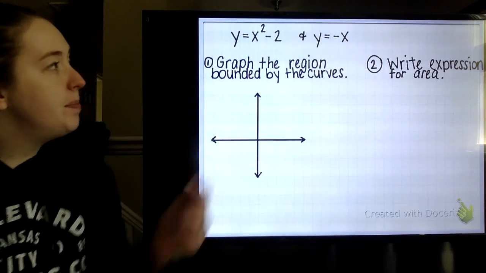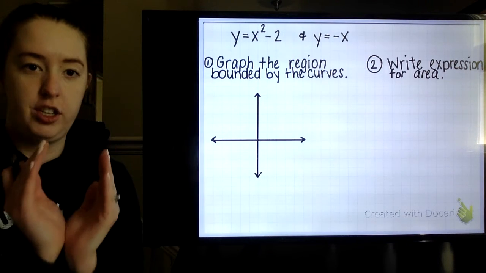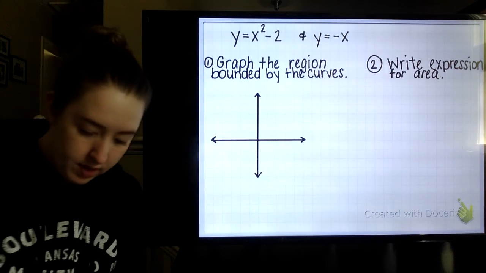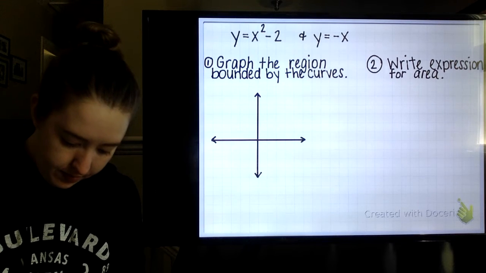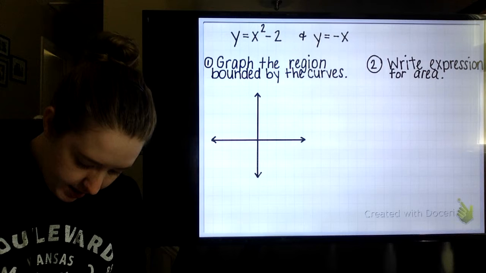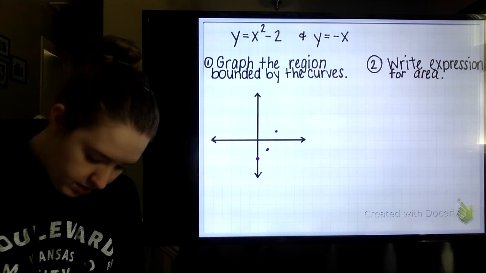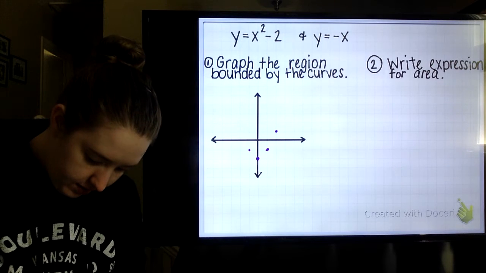So x squared minus 2, that is my usual parabola, just shifted down 2. So now my vertex is down here, and I will graph the rest of this.